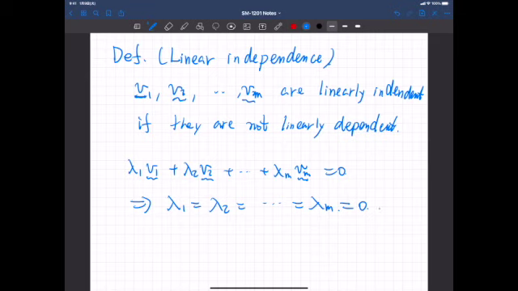And only in this case, this linear combination is 0. Okay. So this means v1, v2, and up to vm, they are linearly independent.